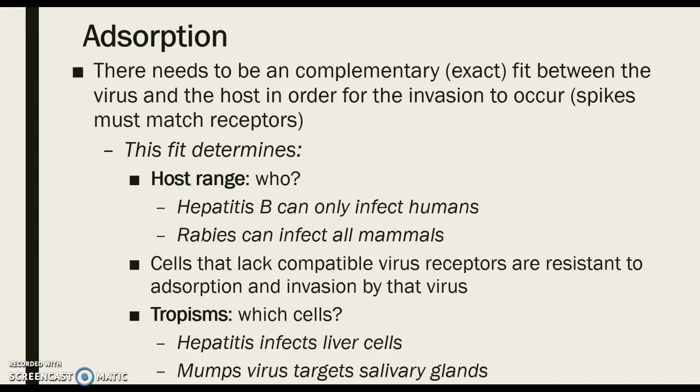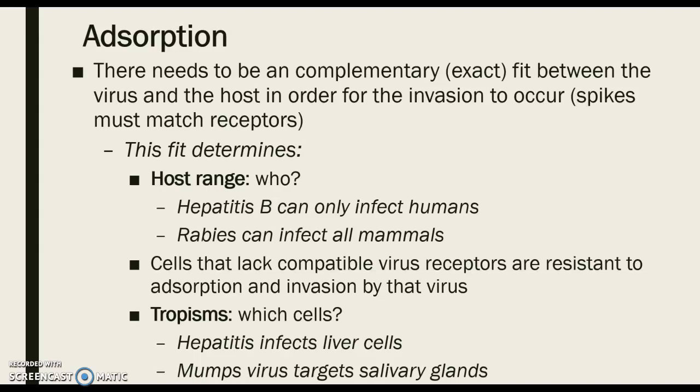So hepatitis infects liver cells, but hepatitis is not going to infect the cells of your foot, right? So mumps virus targets salivary glands, but the mumps doesn't infect the liver cells, okay? So when we're talking about adsorption, we're talking about an exact fit between the spikes and the receptors.